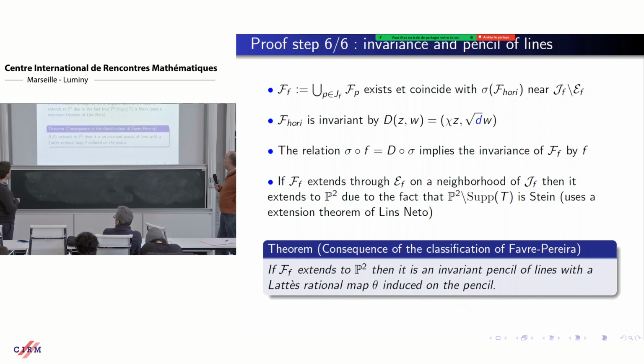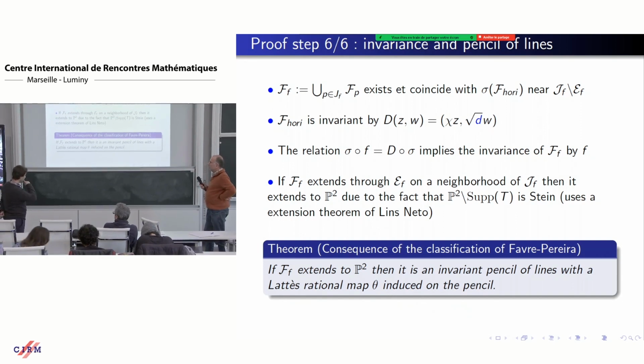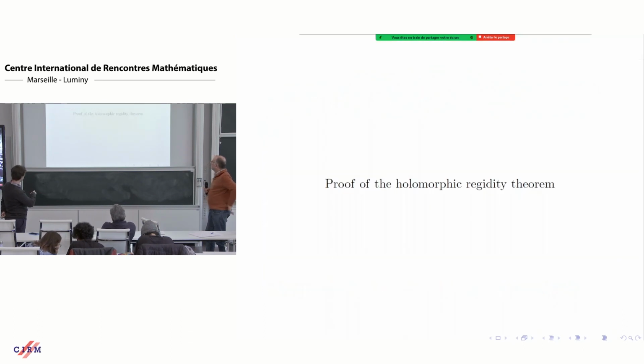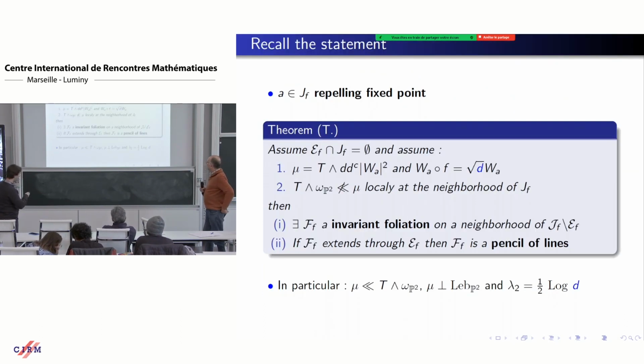So, okay, if I go back to M, I have this hypothesis, which I did not mention too much, but we expect that this hypothesis should be automatic, but we are not able to prove it for the moment, but we really expect it.